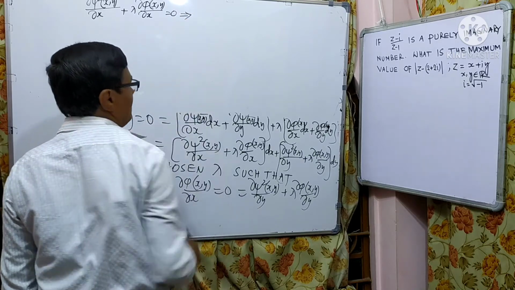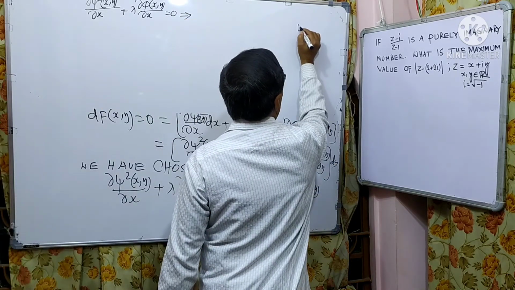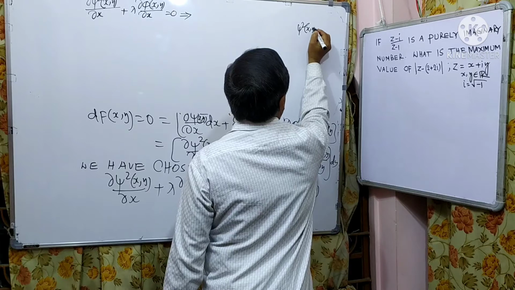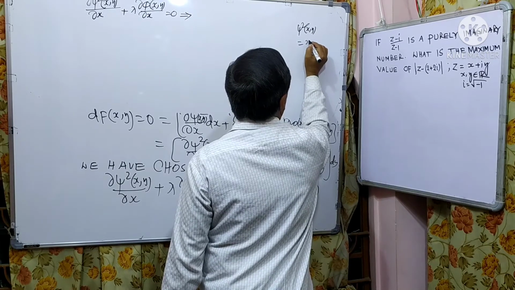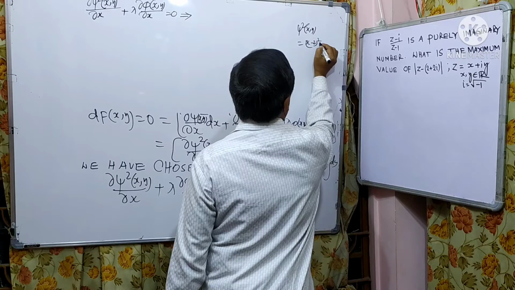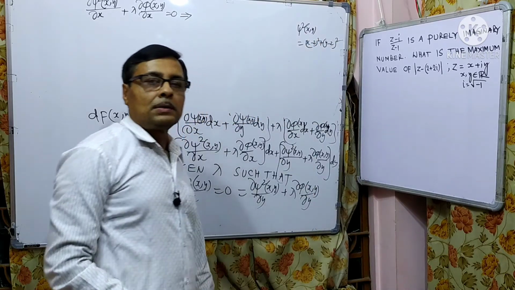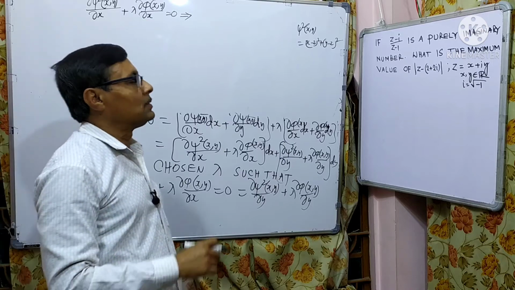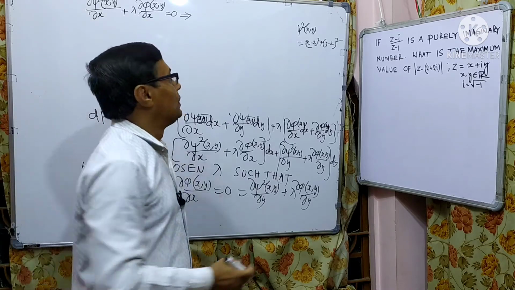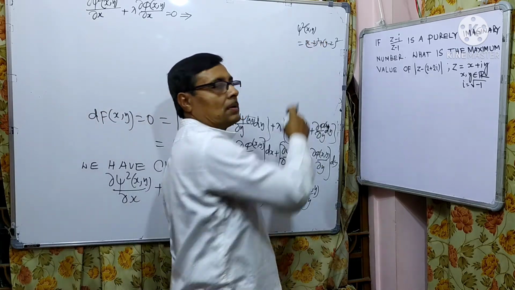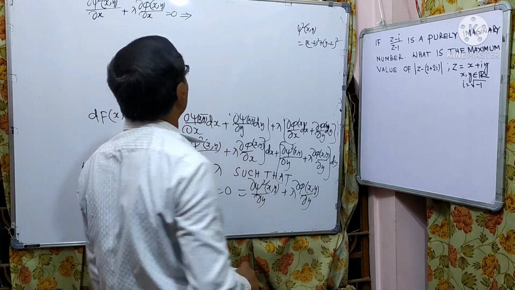Here psi square xy is x minus 2 whole square plus y minus 2 whole square, and psi xy is the square root of x minus 2 whole square plus y minus 2 whole square.